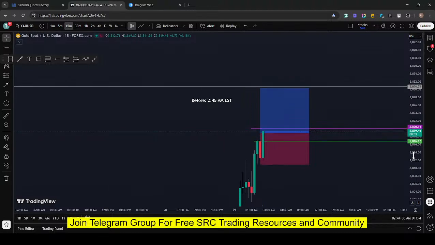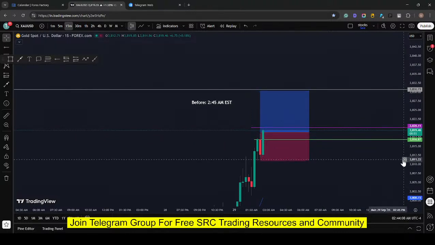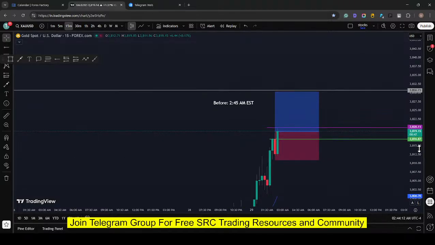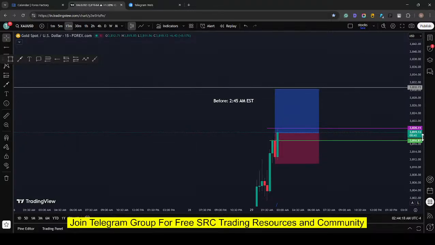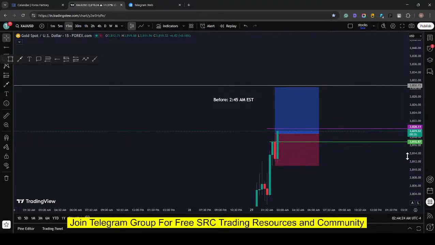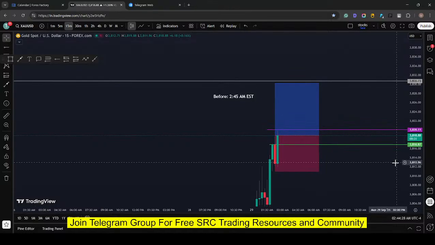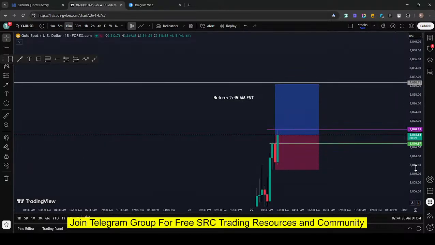Candle closing in 1 minute. Should I enter with 50% risk right now? We'll see. It is what it is.